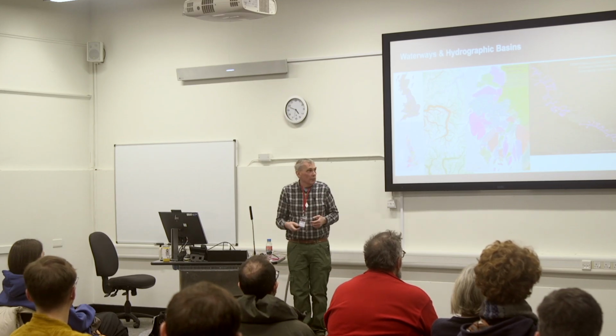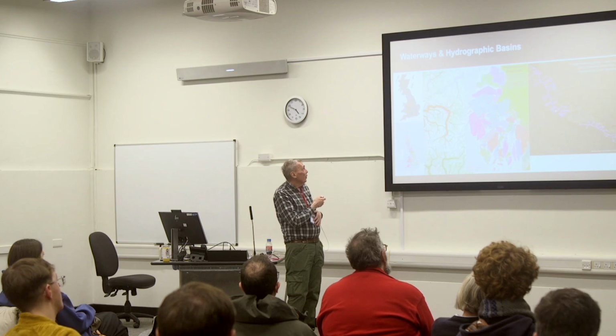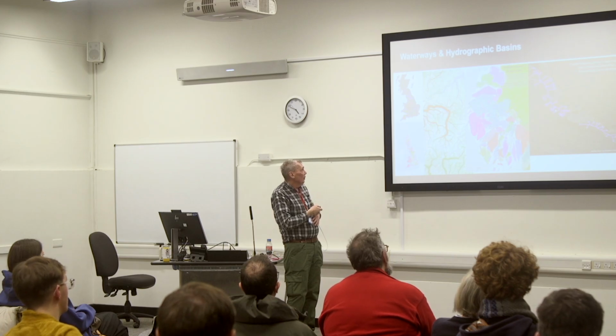Another area which is fun is hydrographic basins. And I think most people will know Amanda's waterway map here, which she builds by chaining watercourses together. At various times, I've done the same for Great Britain, here below, using DBSCAN clustering.